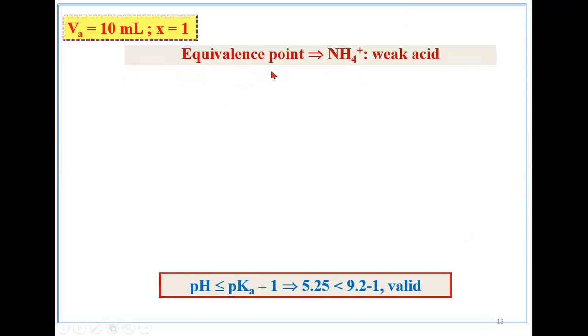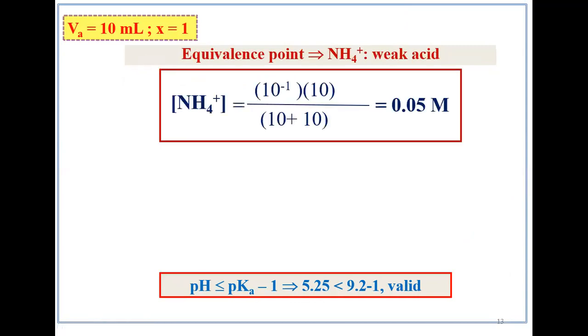Everything got converted at equivalence to the ammonium. What's everything? Yes, all the base got converted. So the base, CBVB, which is 10 to the minus 1 times 10 milliliters, because we use that amount, divided by total volume, is the new concentration of ammonium in my solution.